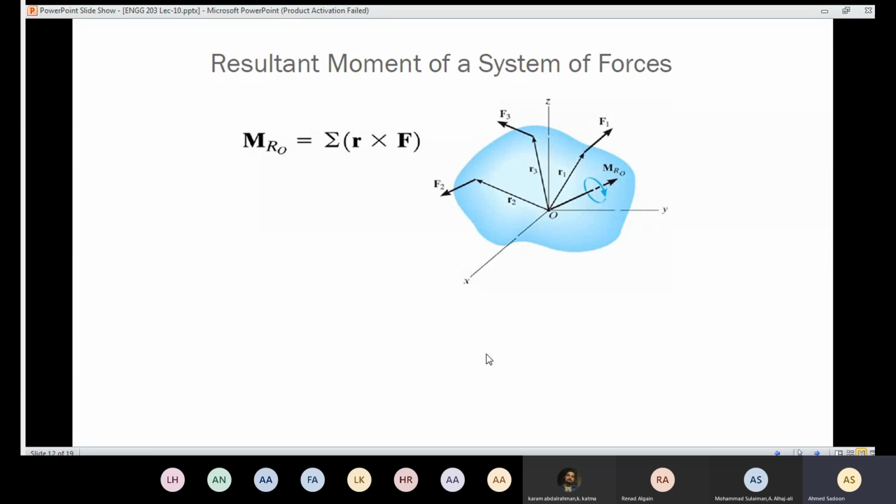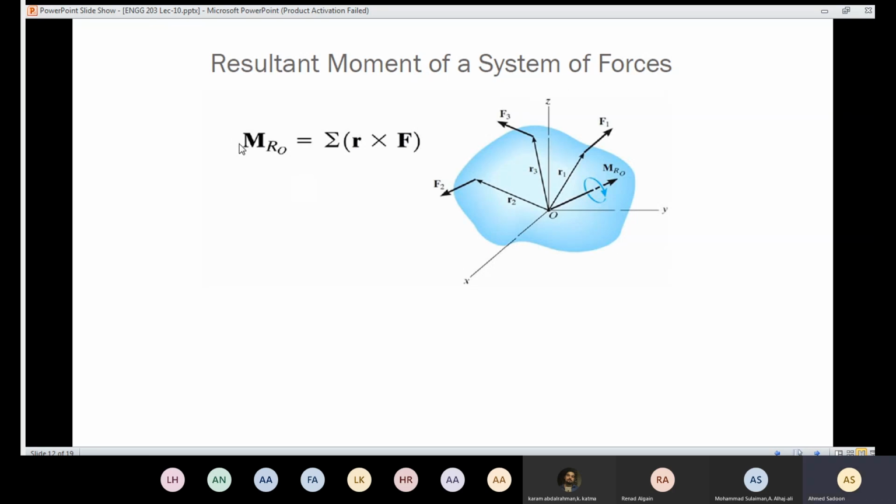And now, of course, like the previous lectures, if I'm going to have more than one force and they are going to cause moments, that means I need to calculate the resultant to know the final effect. And if that's the case, if I'm going to have F1, R1, F2, R2, F3, R3, I'm going to calculate the resultant moment of a system of forces.